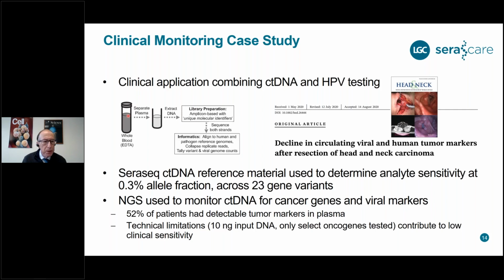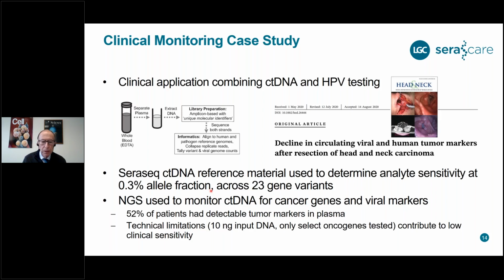The workflow is plasma, extract the DNA, library prep, and then look at both the ctDNA as well as the presence of HPV. The title is A Decline in Circulating Viral and Human Tumor Markers After Resection of Head and Neck Cancer.